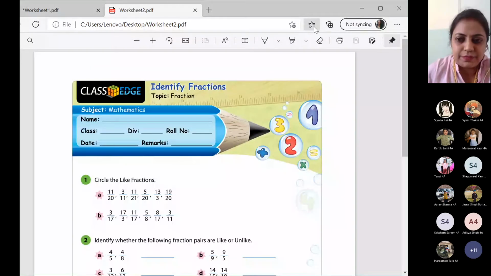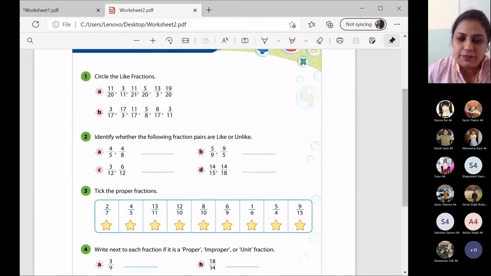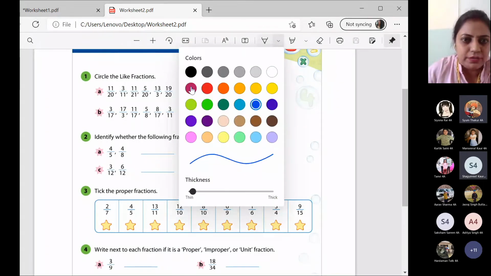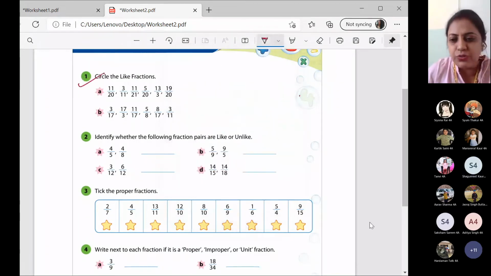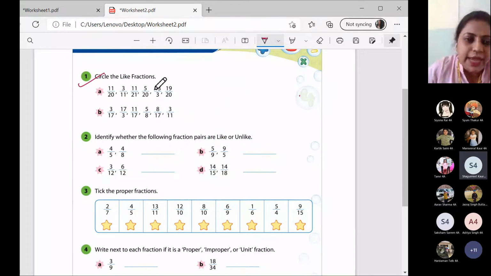For that, I am going to share one worksheet with you. Circle the like fractions.